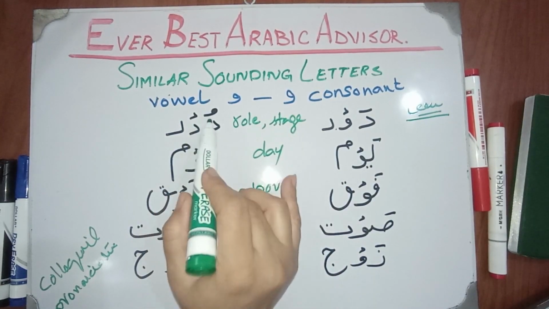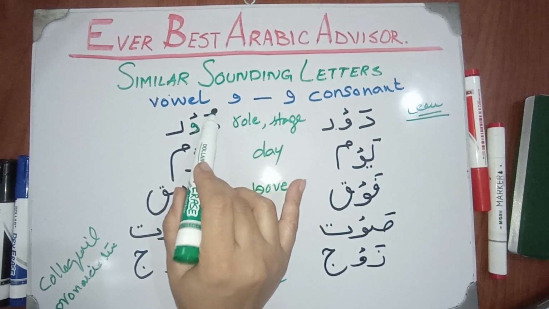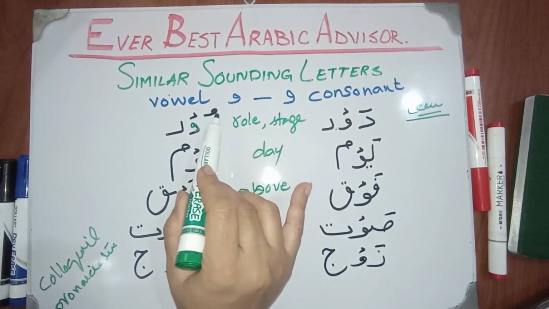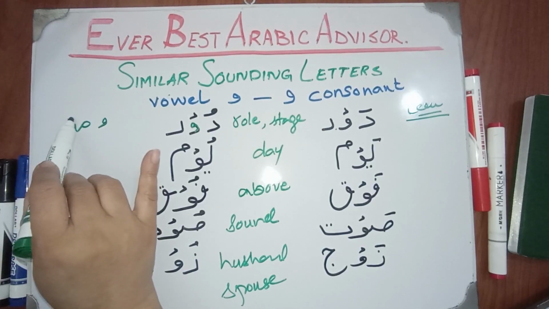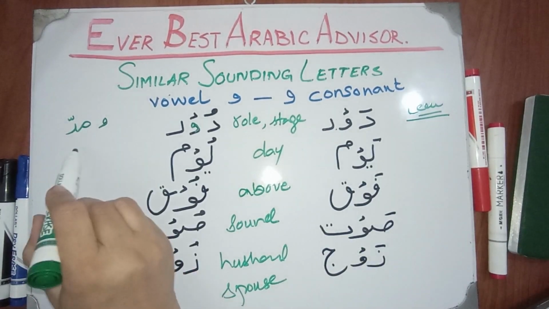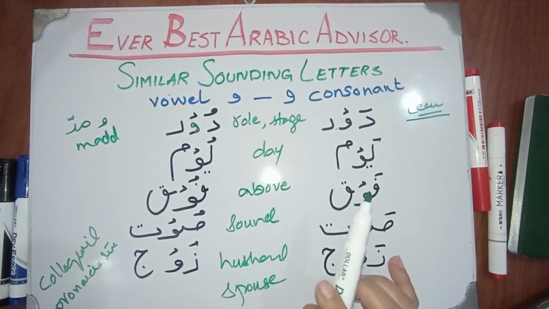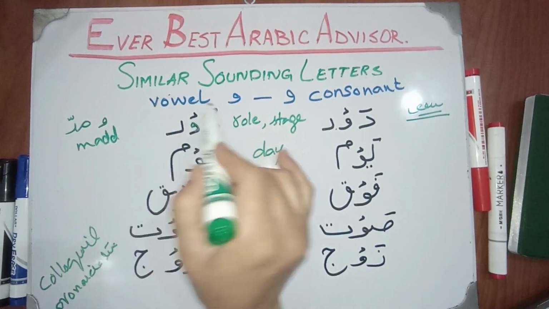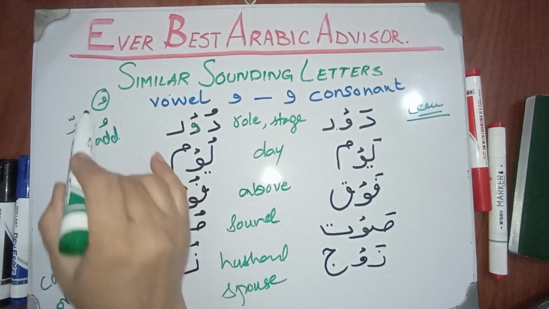But when waw has dumma before it, it is called a vowel. It is called waw madda in Arabic. So for waw madda, dumma is a must before it.